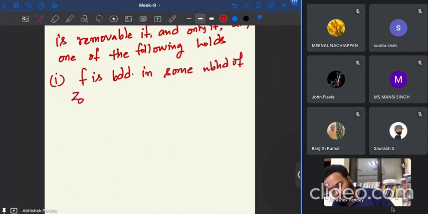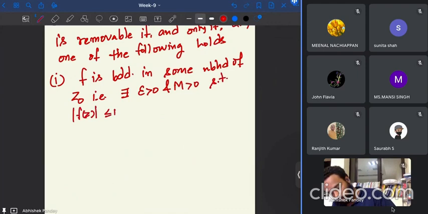That is, there exist r greater than 0 and M greater than 0 such that mod of f(z) is less than or equal to M for every z in the deleted ball around z naught of radius r.